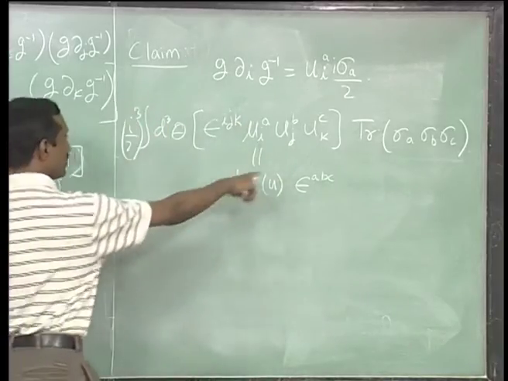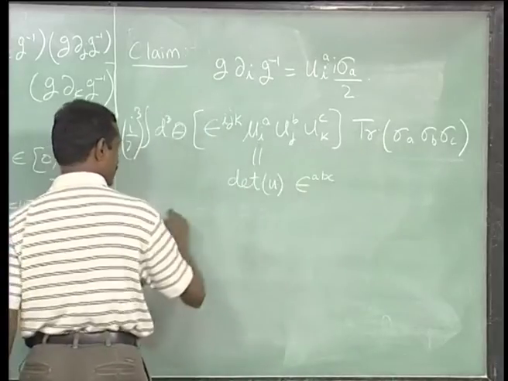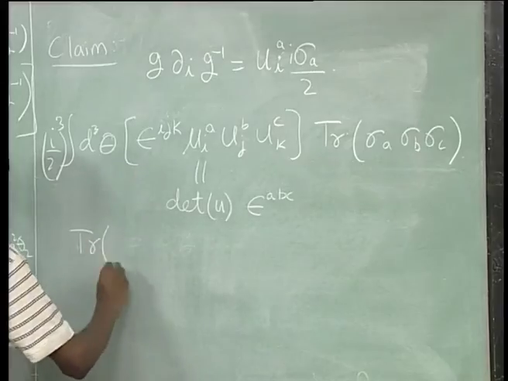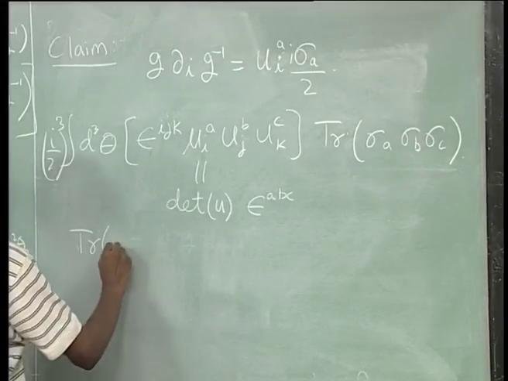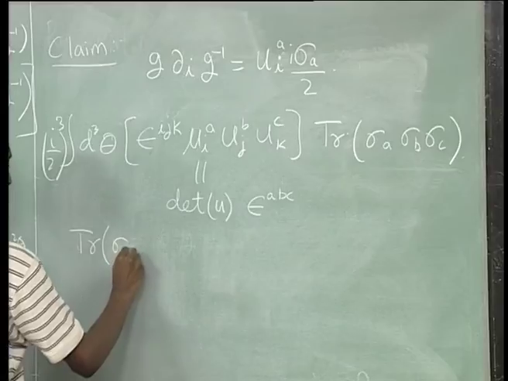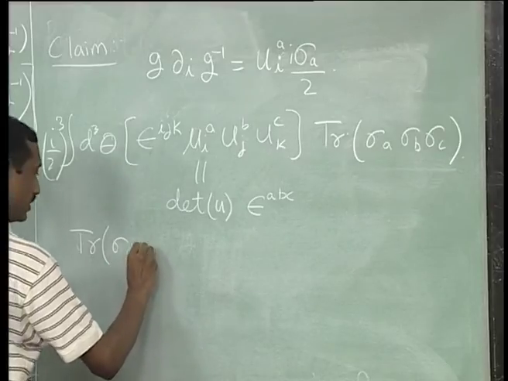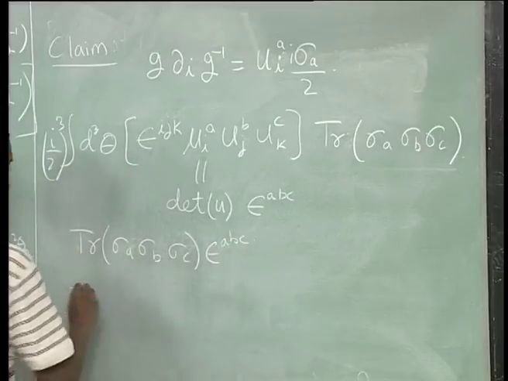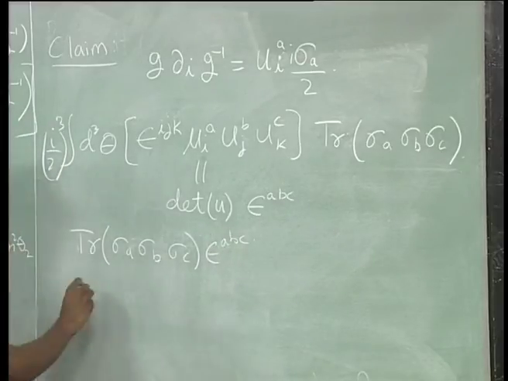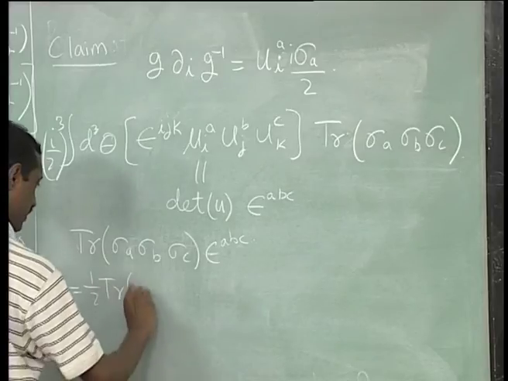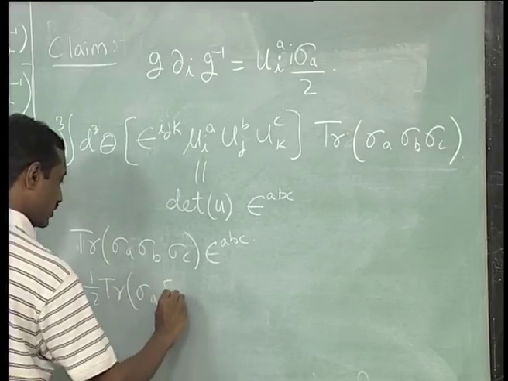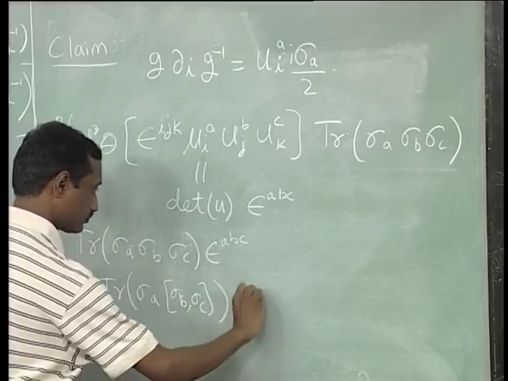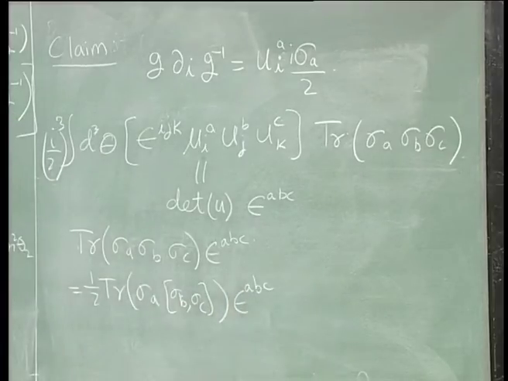Okay. So now we need to just evaluate the trace of sigma_a sigma_b sigma_c epsilon_abc, and I can rewrite this as half trace of sigma_a times the commutator of sigma_b and sigma_c.